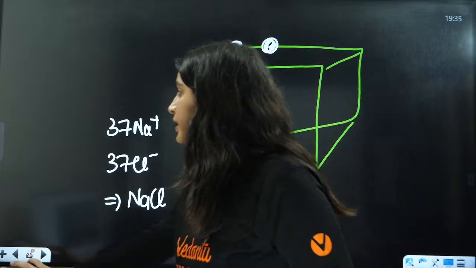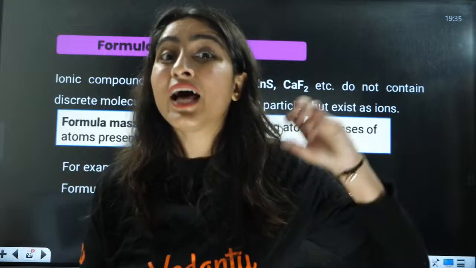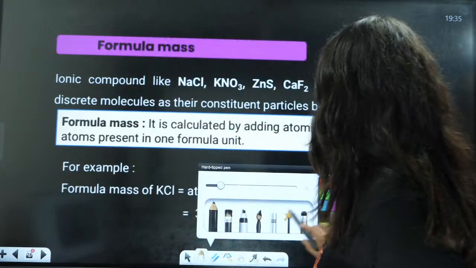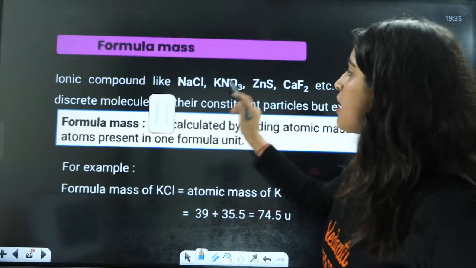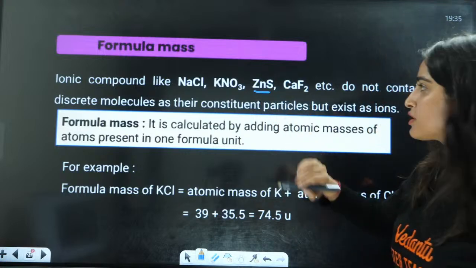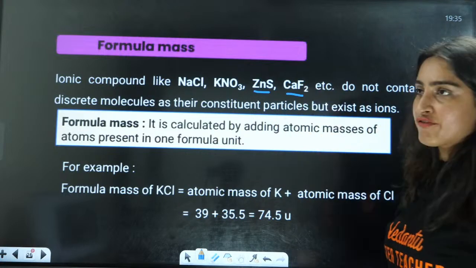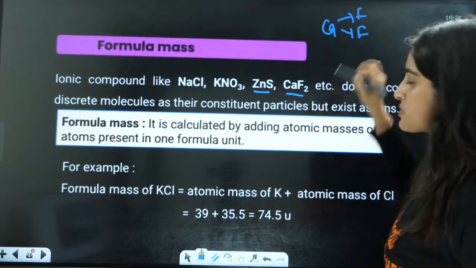So how do you calculate it? The calculation is the same way. For example, we see the formula unit here. The formula unit for NaCl is NaCl. For KNO3, this is the formula unit. This is the formula unit for ZnS. This is the formula unit for CaF2, that means for every calcium atom you have 2 fluorine atoms, right?